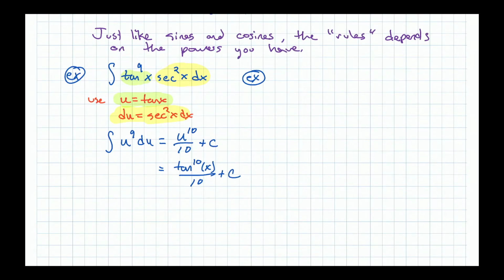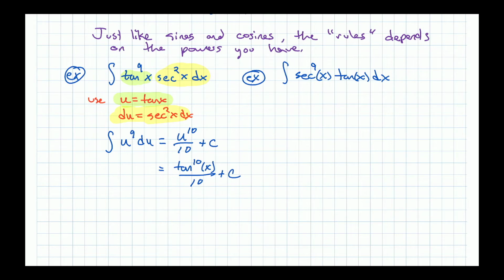So if I had secant to the ninth, tangent x, dx, it's not as obvious as the previous one what to do, because you might be saying, okay, I can't just use u as secant because then I have u to the ninth, but tangent x isn't the derivative of the secant, so that doesn't work.